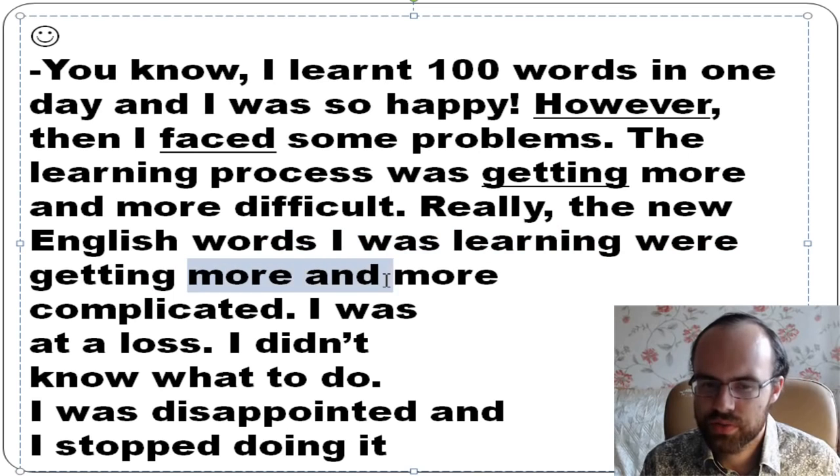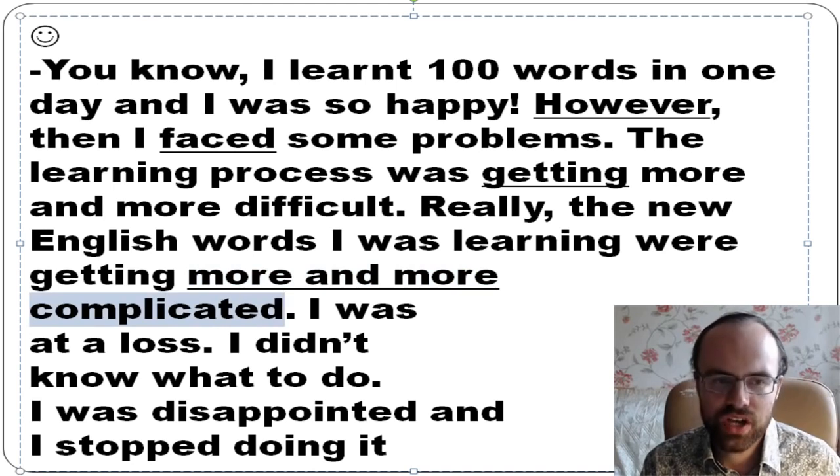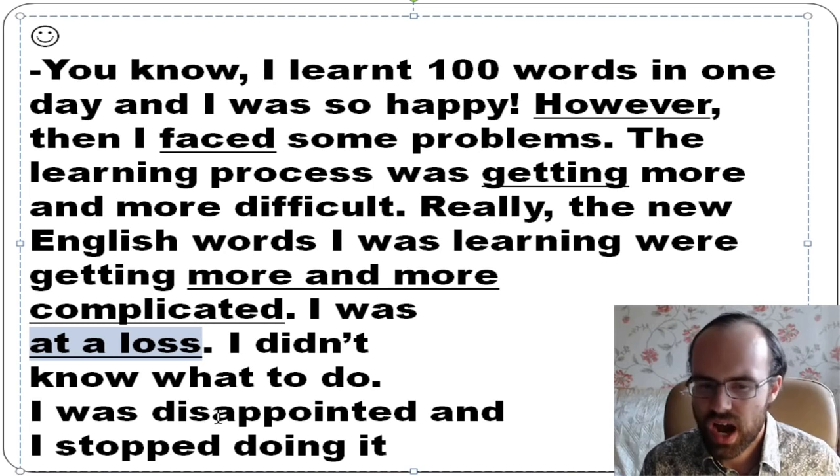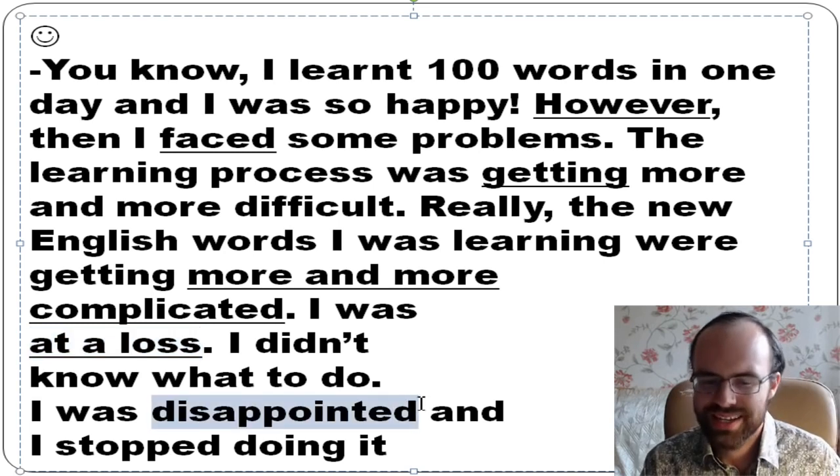You know that we use continuous with this structure, and complicated means very, very difficult, and I was at a loss. I was at a loss means I didn't know what to do. I was disappointed. I was really sad. I was really upset. I was so unhappy.